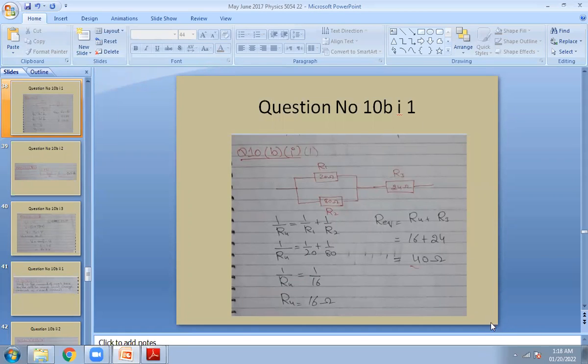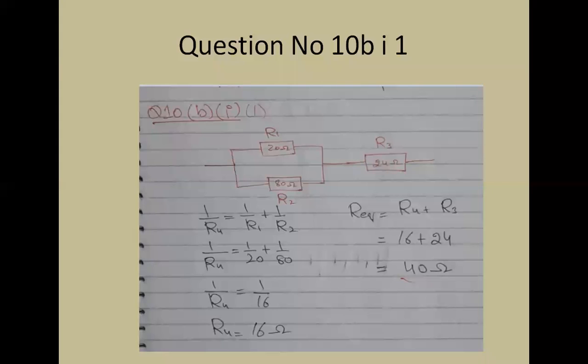So question number 10B, first part, first portion. Here you can see I have named them R1, R2, and R3. 20 ohm and 80 ohm are connected parallel to each other, so I want to find out their equivalent resistance. Let me call that R4. Because they are connected in parallel, I will write 1 by R4 equals 1 by R1 plus 1 by R2. So 1 by R4 will be equal to 1 by 20 plus 1 by 80.